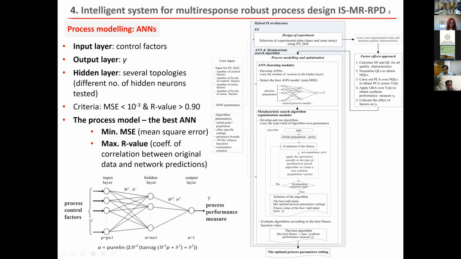At the beginning, at the input, I have process control parameters. And such a neural model is input for a meta-heuristic algorithm that at the end should find the optimal process parameter settings that will satisfy the requirements for my responses from multiple responses.